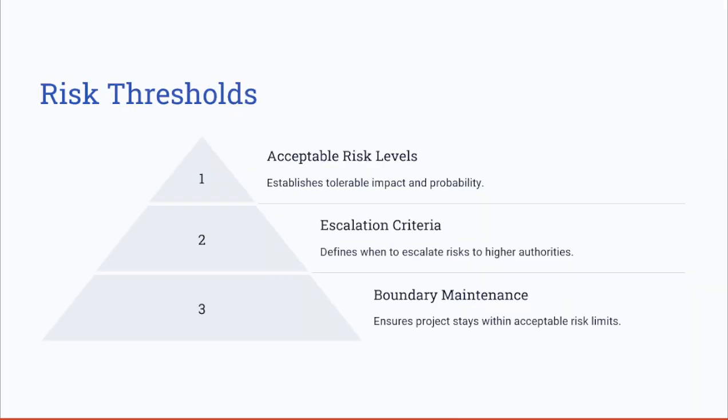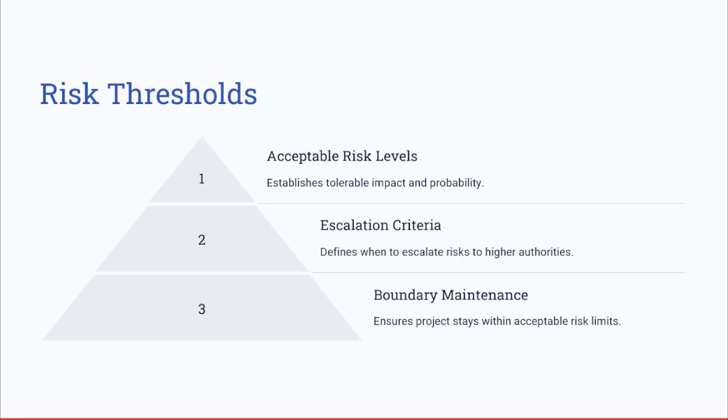The next component here we have is the risk threshold. Risk thresholds are the boundaries within which risks are considered acceptable. And these thresholds define the level of risk in terms of both probability and impact that can be tolerated by the project and the organization.